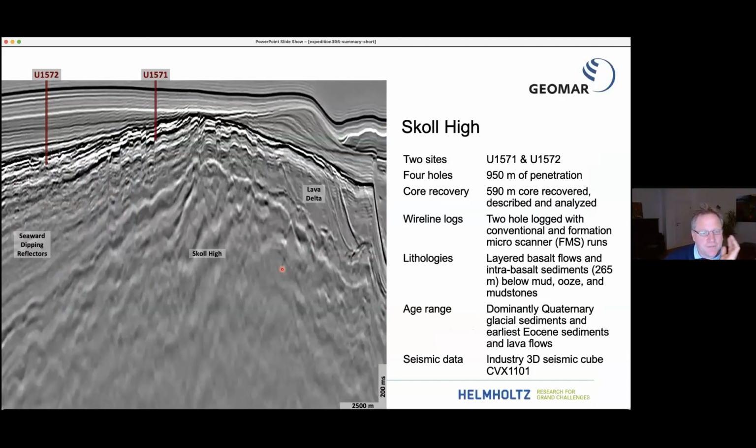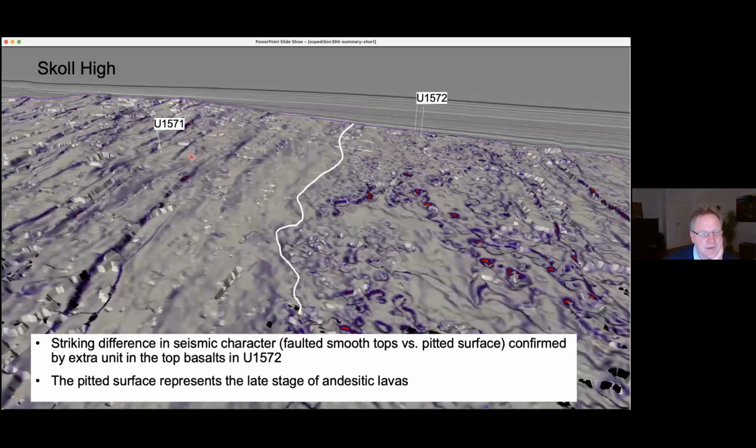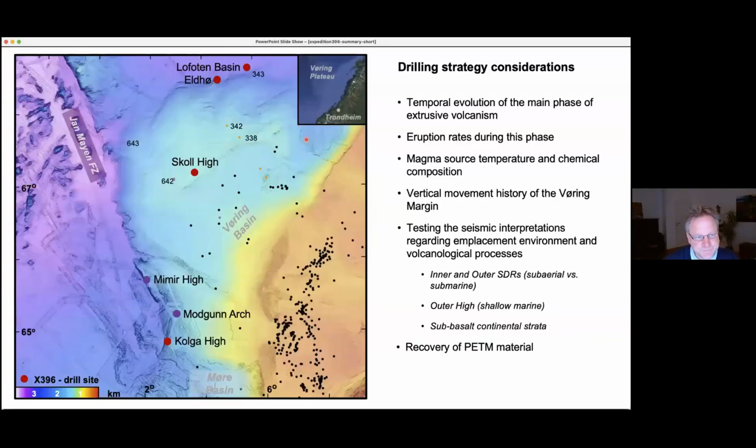And we went to the Skoll High, so this is the upper end of the seaward dipping reflectors. When we used our 3D seismic data, we could see that there's a big morphological difference between these outer seaward-lying packages and the inner ones, which are heavily faulted. And we could find out that there was a late andesitic stage of volcanism at the end of the main phase of subaerial volcanism.